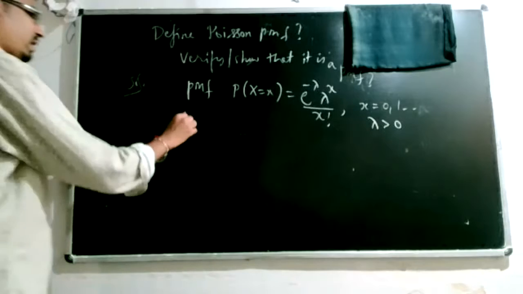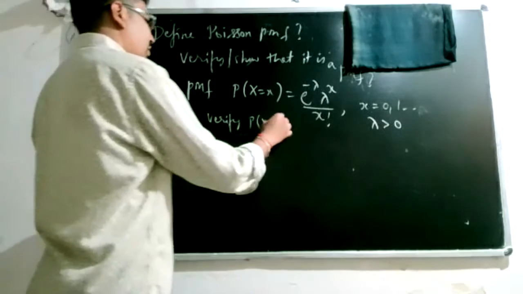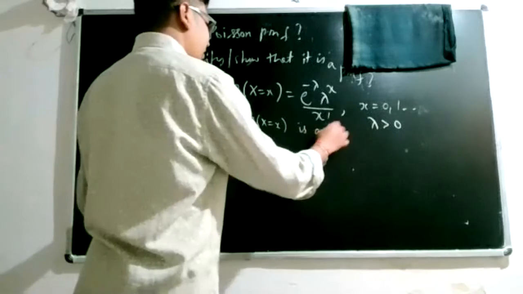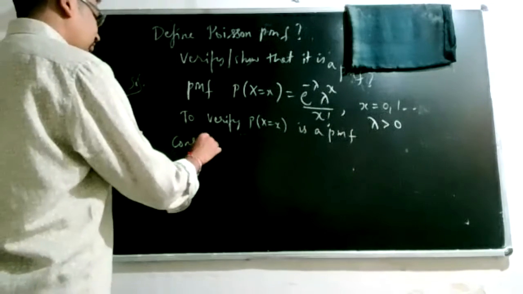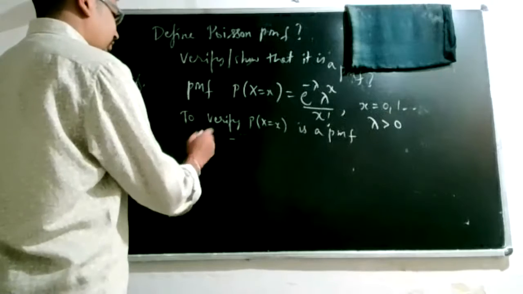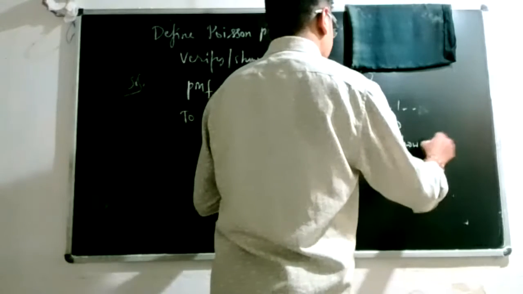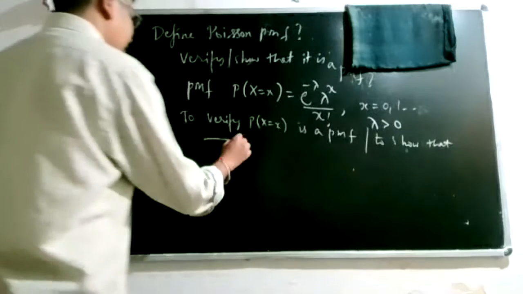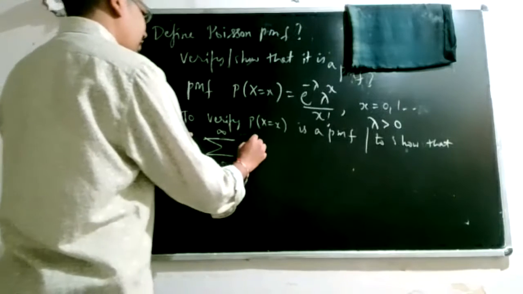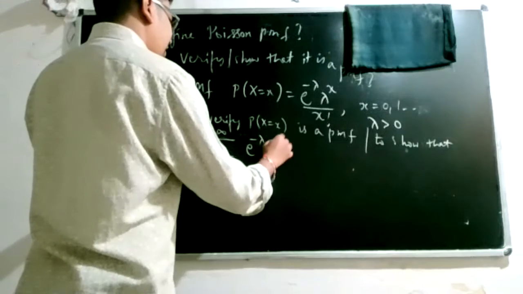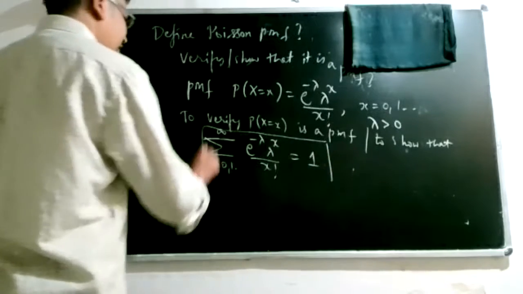Now to verify P of X equals x is a PMF, we have to show that the summation over x equals 0, 1 to infinity of e power minus lambda, lambda power x by x factorial is equal to 1. So this is the condition.